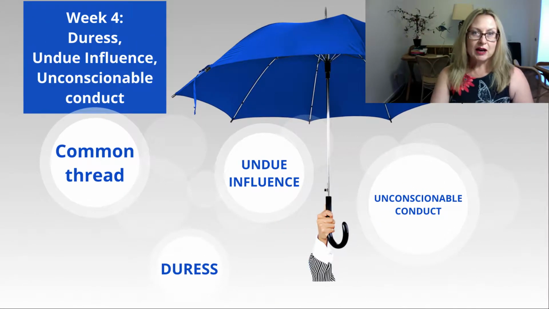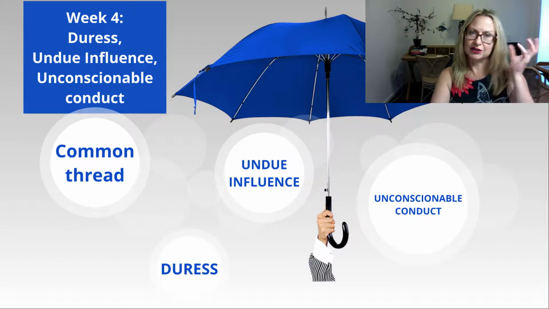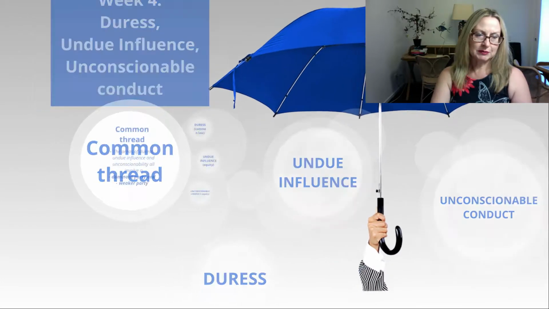Okay, and here we are at our little Prezi for this week. The first thing I want to draw to your attention is some commonalities between these 3 vitiating factors and some ways to kind of tell them apart, I guess, that might make it a little bit easier to get your head around the concepts.